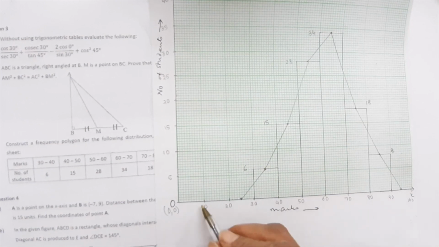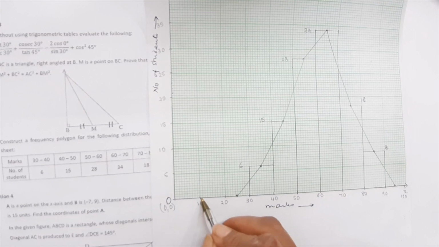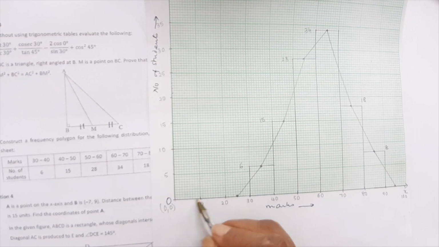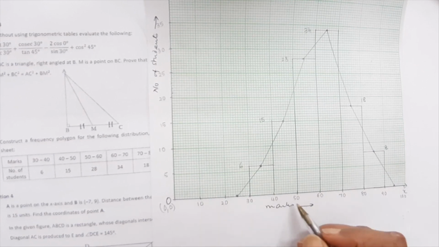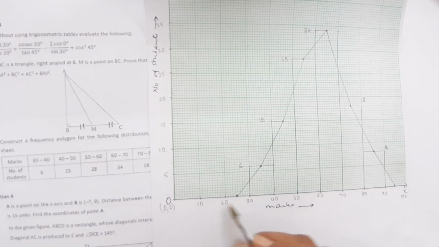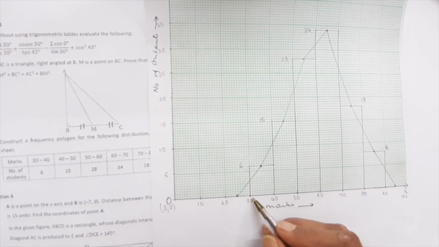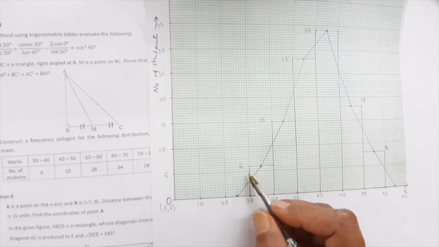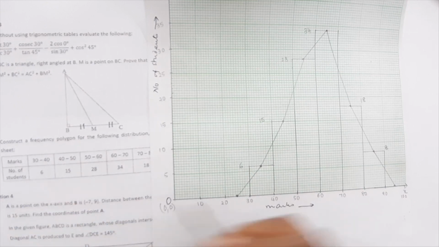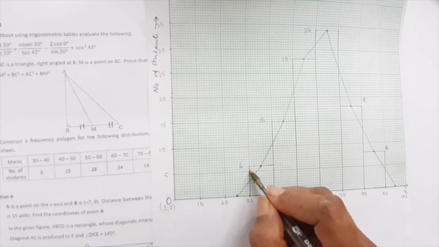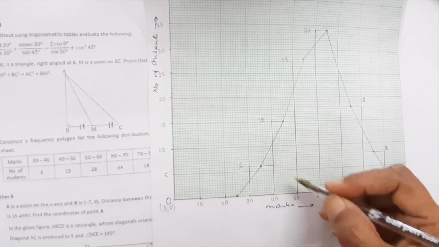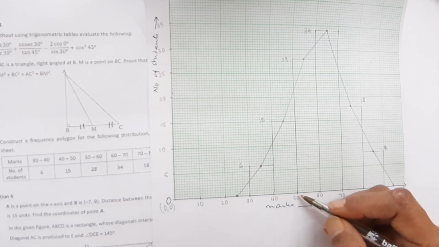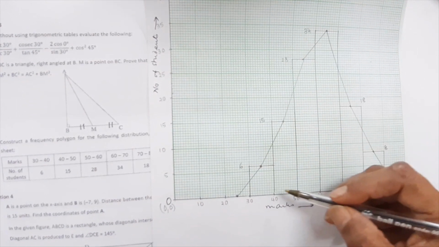And we have taken 2 centimeters as 10 units, which means each one of this is 1 unit. So this will be 11, 12, 13. In any case, marks are given as a group. So 10 to 20, 20 to 30. Now 30 to 40, the frequency, that is number of students, is 6. So from here to here, this is 5, and then 2 divisions, so that is 6. Now between 40 and 50, it is 15 students.